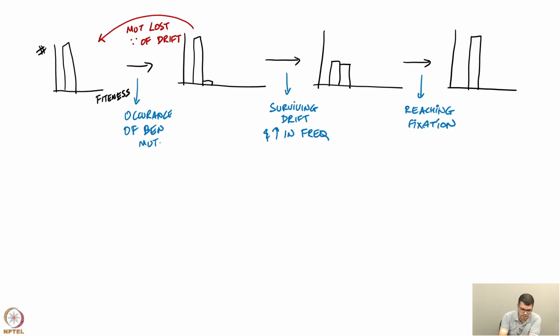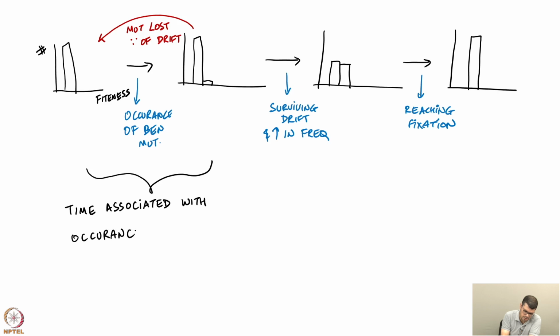So, the first time constant is this one, which is the time associated with occurrence of a beneficial mutation which survives drift.